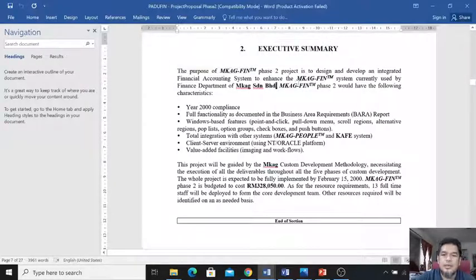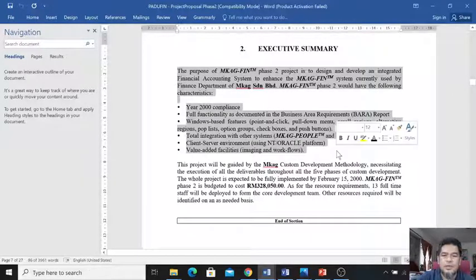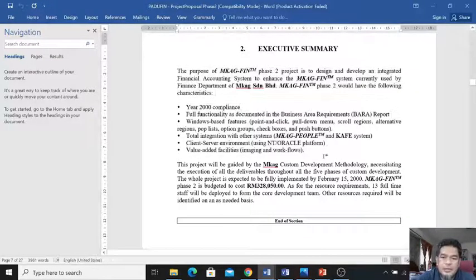And then you know what the following modules cater for. At the beginning, the executive summary will describe the value, the benefit of the system. Normally the executive summary focuses on the very important things. This is an example.